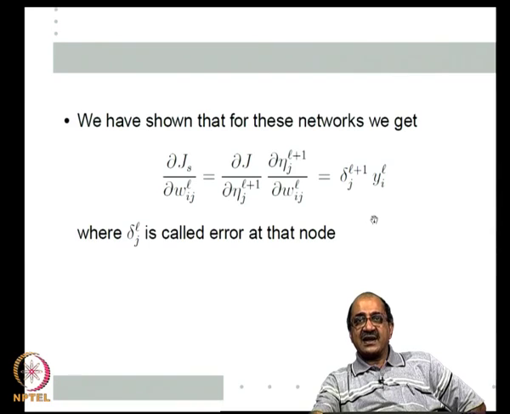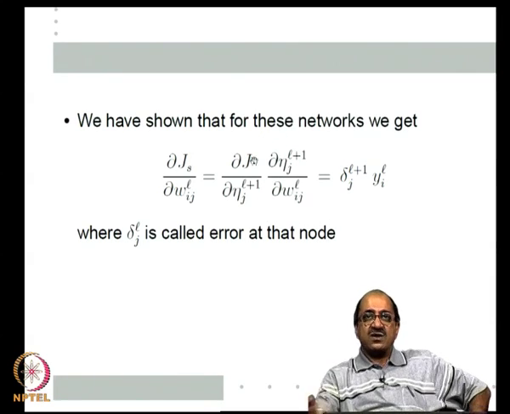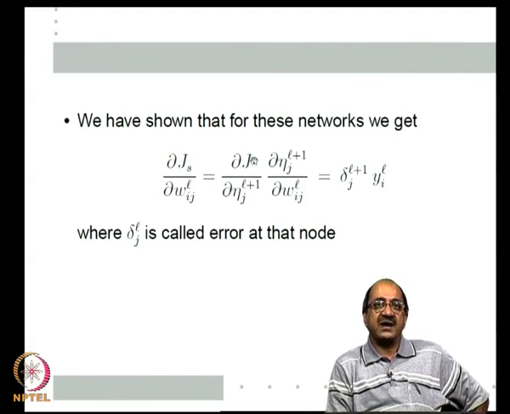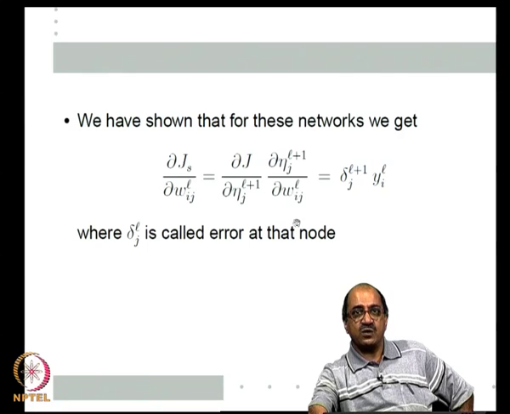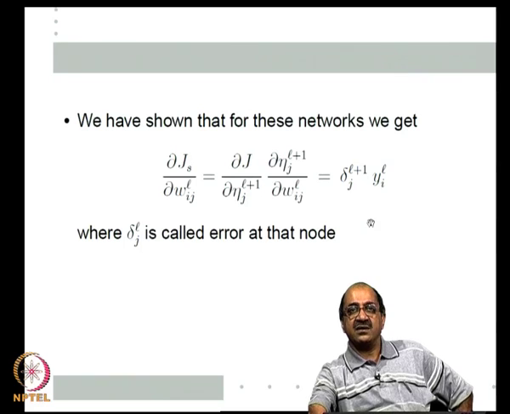Now, we can write this as dou J by dou njl plus 1, and this one we know because njl plus 1 is a linear combination of all the inputs from layer L, and if I take the differentiation with respect to one of the weights, I get the corresponding output from layer L. Okay.